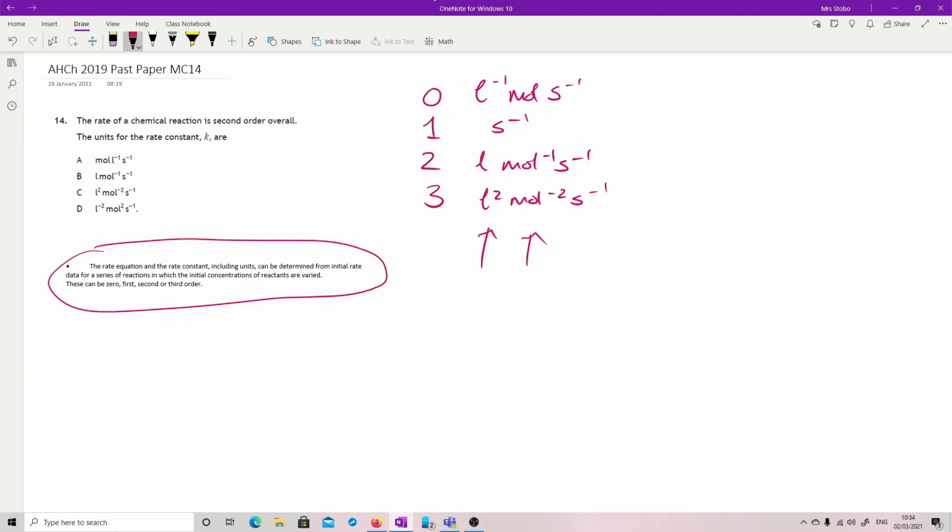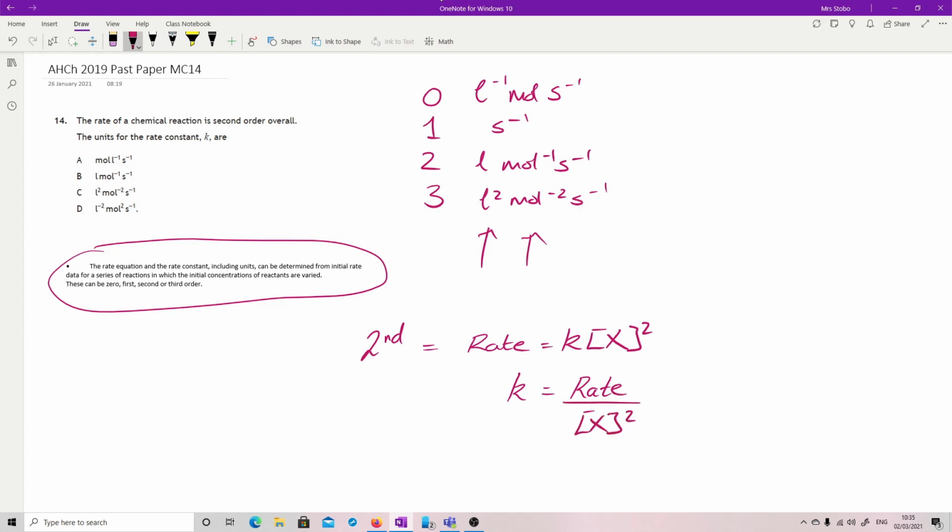So for second order, what you'd be looking at is rate equals k with whatever you've got squared. It might be an x to the 1 and a y to the 1. The whole point is that we've got two concentrations involved to get second order. So we could rearrange for k to get the units, so we've got rate over x squared.